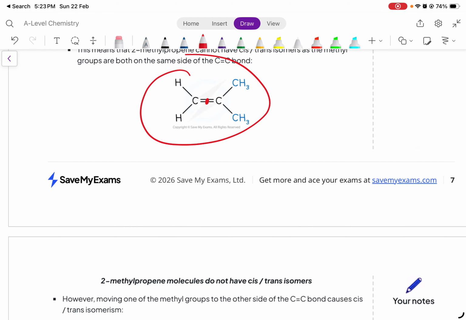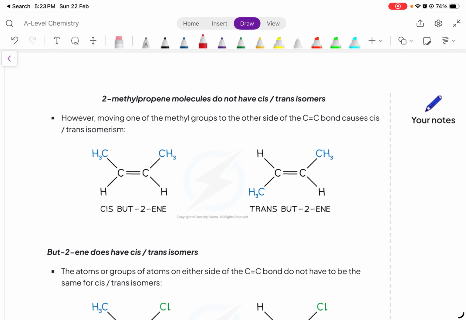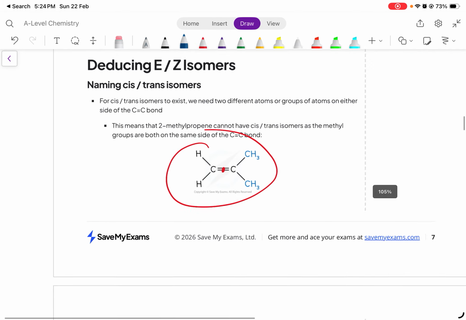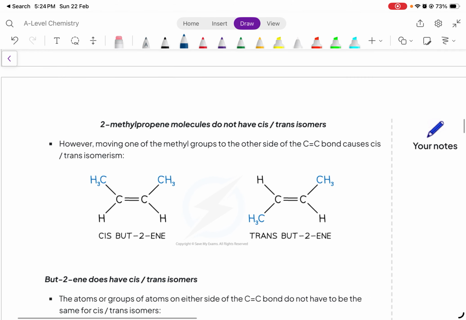However, what we can do is move the methyl group. So that results in going from 2H on the left and 2CH3 on the right. We exchange, I move from here, I exchange here and here, to make it cis and trans.